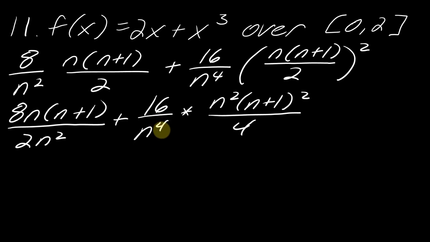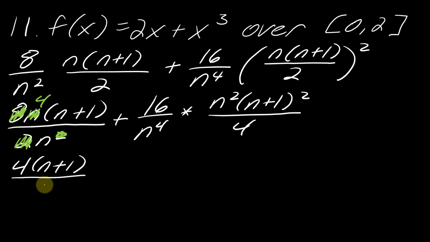Okay, so now let's go ahead and make a few simplifications. Here, this n will cancel out entirely, and then this 2 will become a 1. And then this 2 will cancel out with this 8, so I am just left with a 4 on top. So let me just start with this first fraction here. I'm left with 4 times n plus 1 over n, okay?